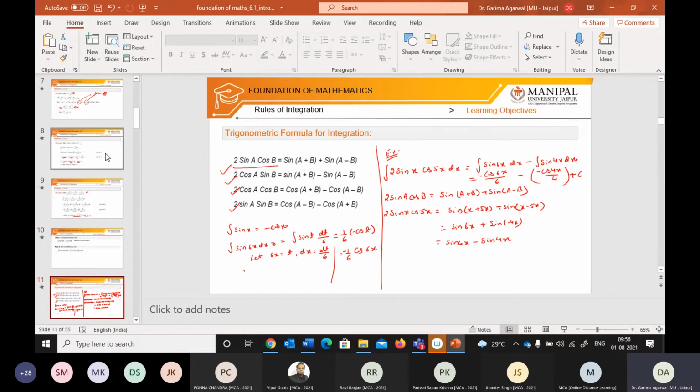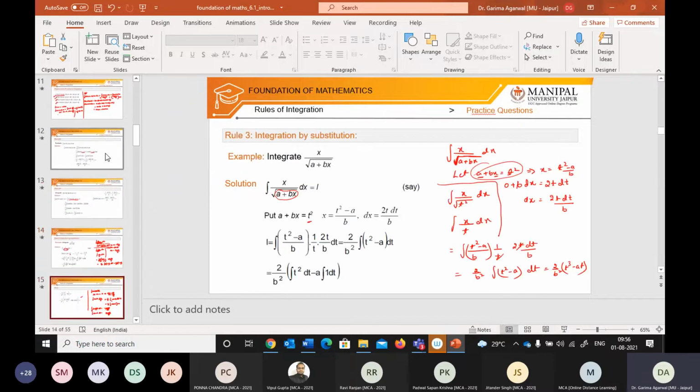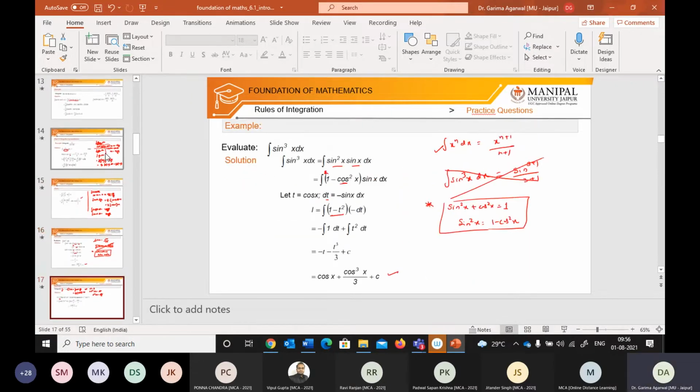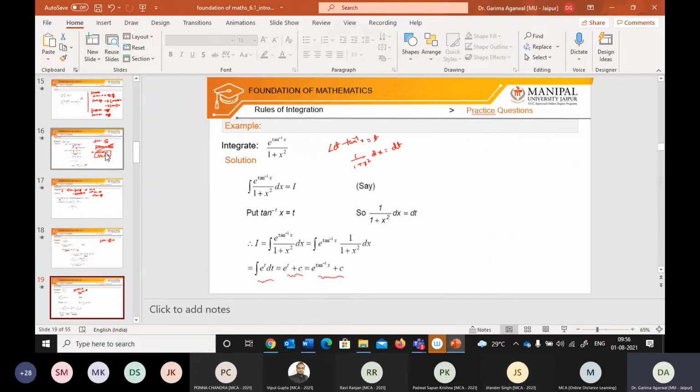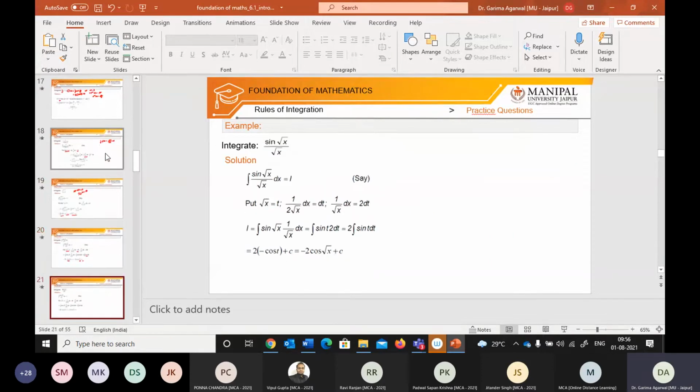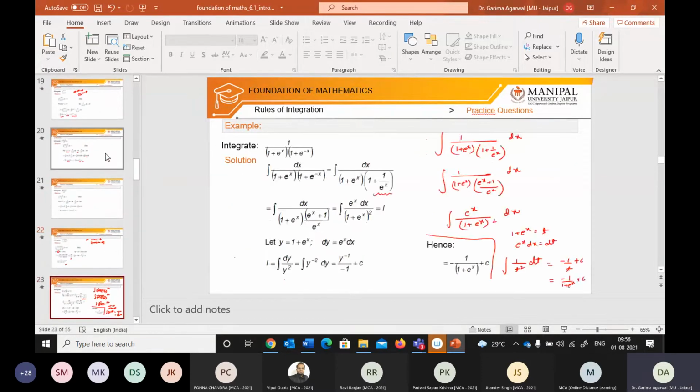These are a few trigonometric functions that can be used in integration. These examples we have already discussed in the previous lecture.